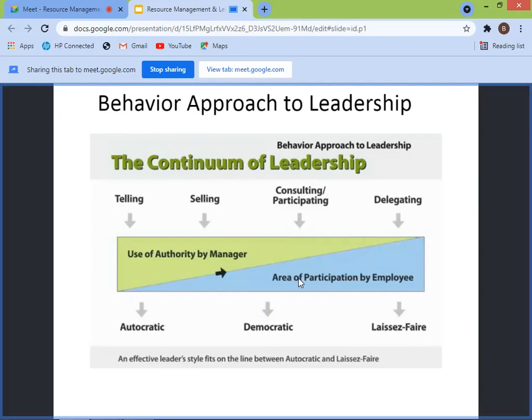Now it becomes really democratic. The employee will participate. The employee will say, okay sir, I'll do that. I'll do this. Oh, I'd like to make a suggestion, sir. This is my suggestion.